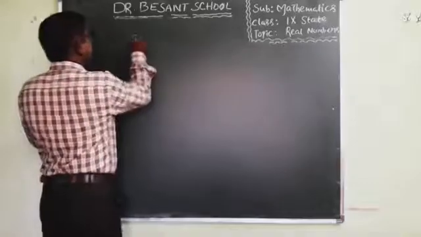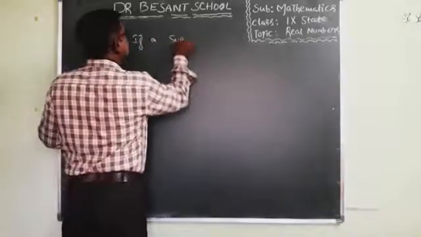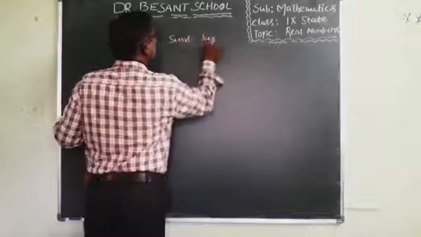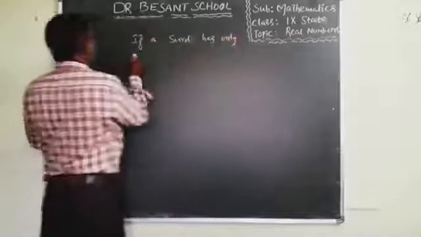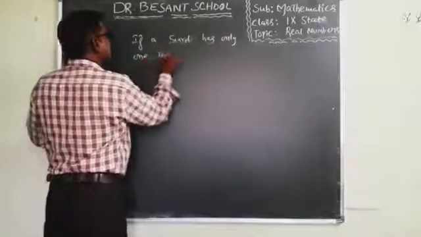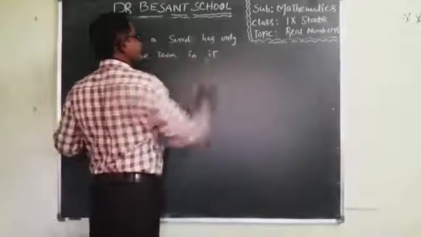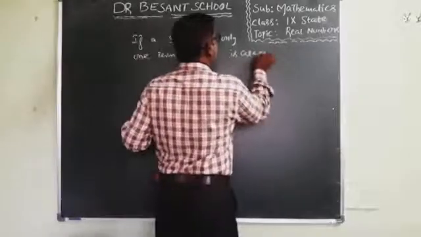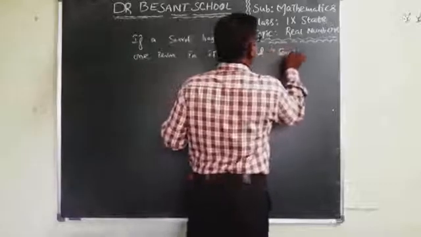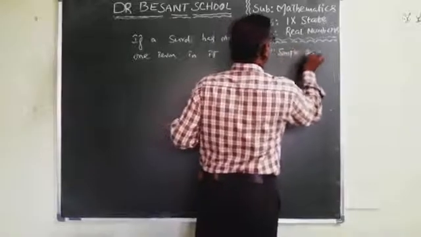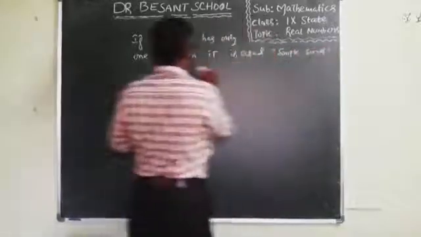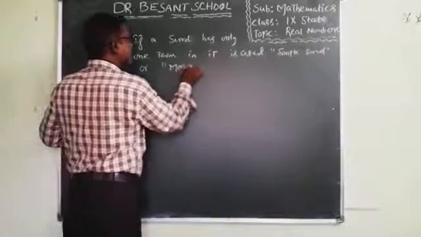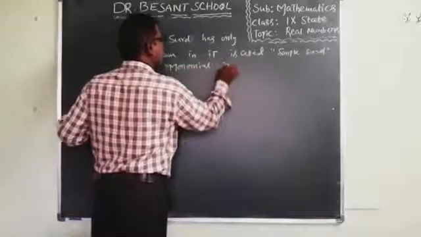If a surd has only one term in it, it is called simple surd or monomial surd.